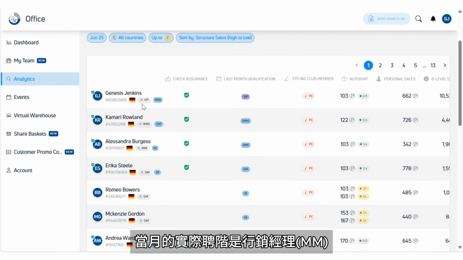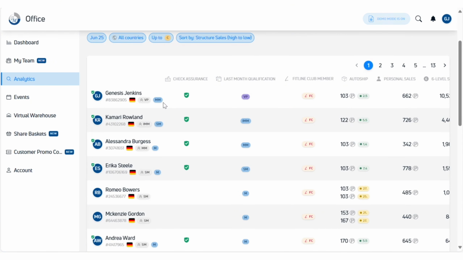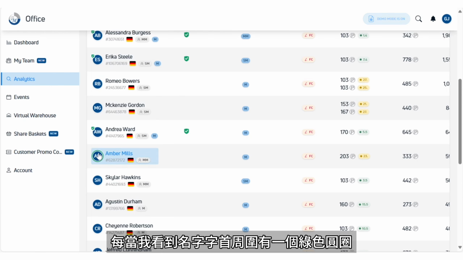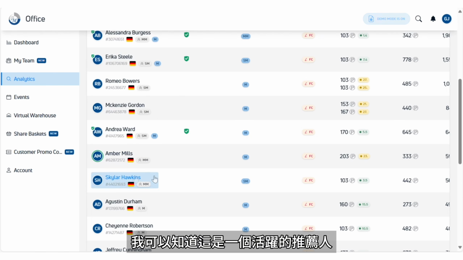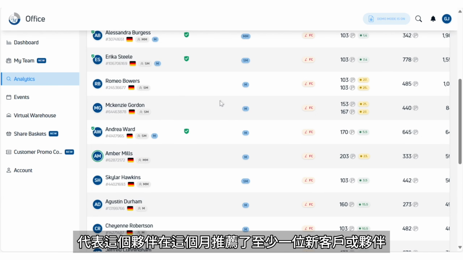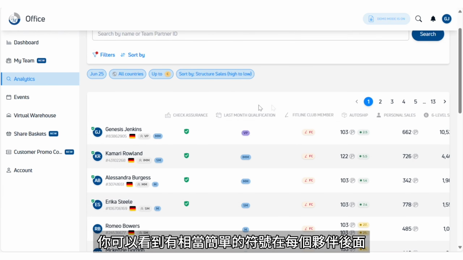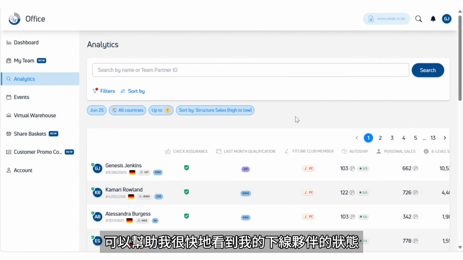Actual rank is a marketing manager. Whenever I see a green circle around the initials, I know that this is a sponsor active person. This person signed or registered a new team partner or at least one new customer in this month. And you see there is a quite easy symbolic behind to see very fast the status of one of my team partners in my downline.